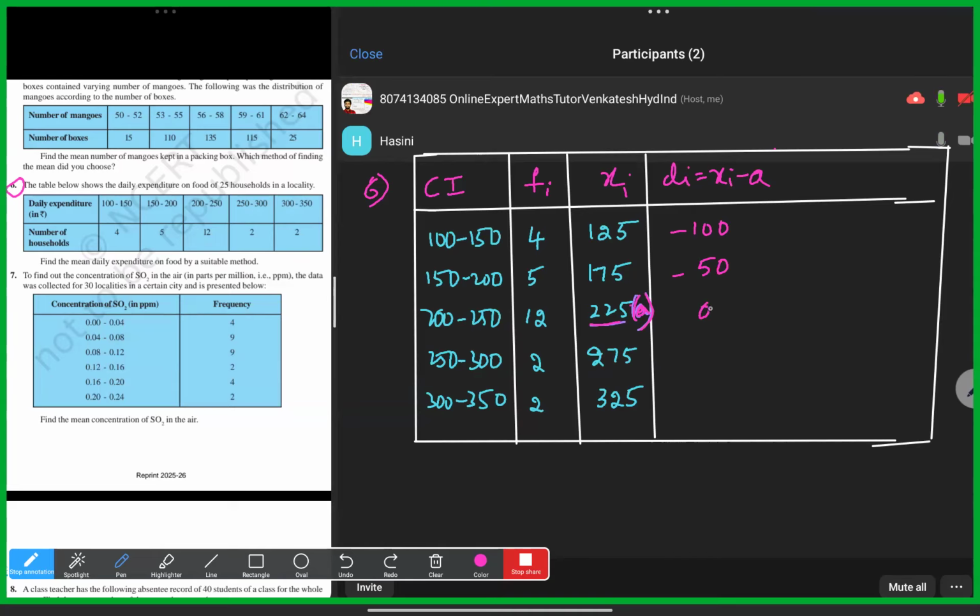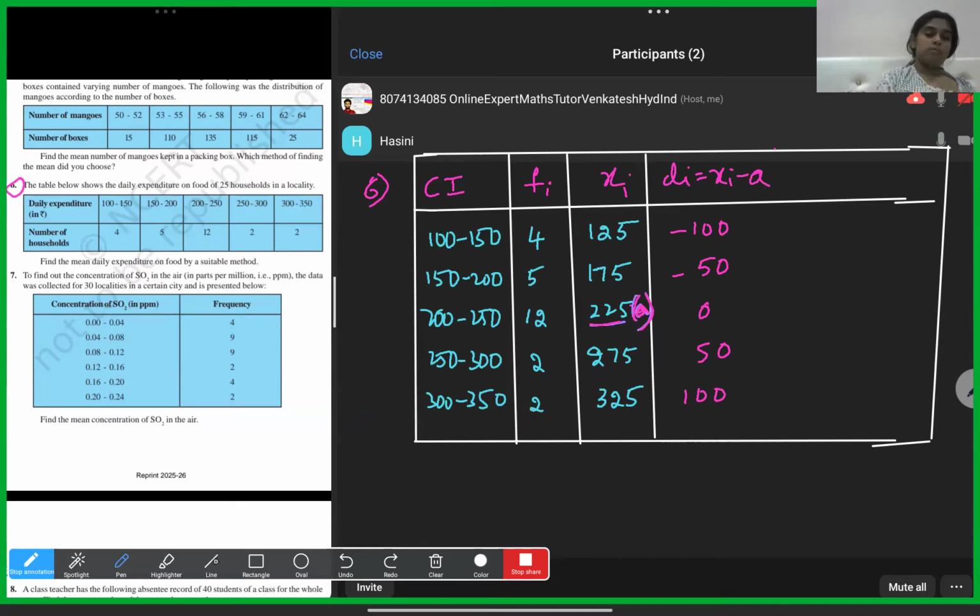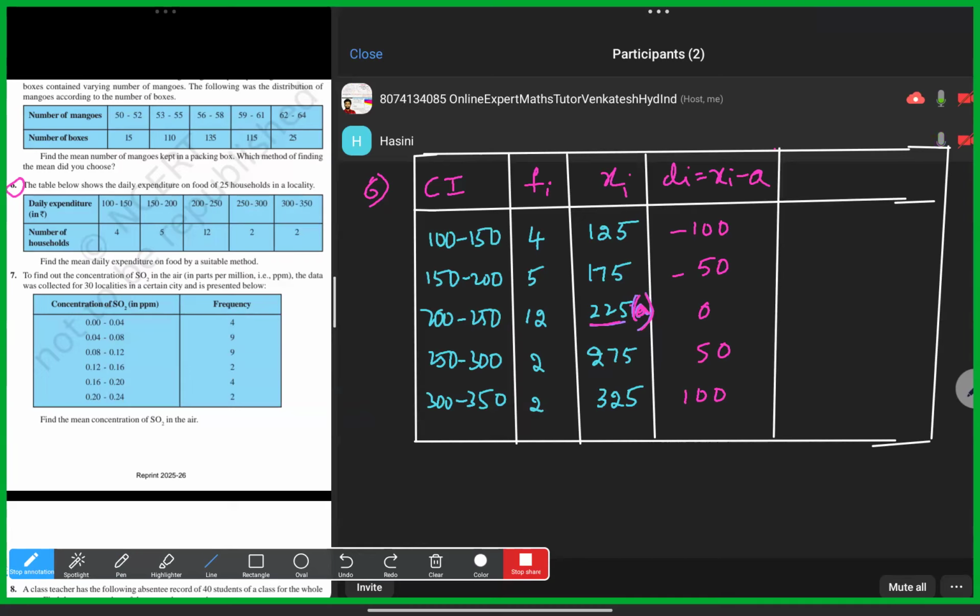Then 225 minus 225 is 0. 275 minus 225 is 50. 325 minus 225 is 100. Okay. So now we'll go for the step deviation method.